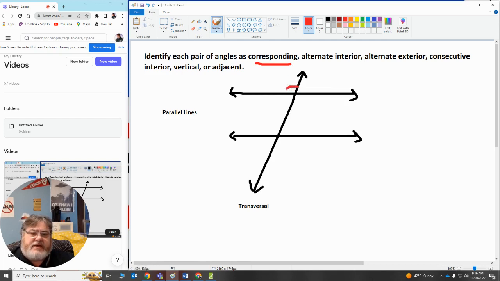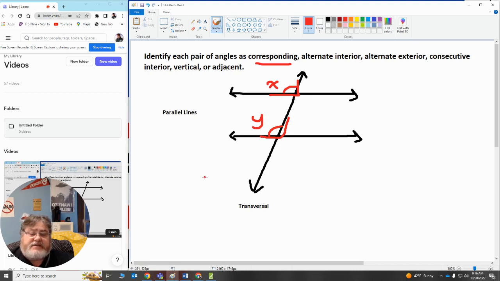Let's say this angle, let's call it angle X. It corresponds with angle Y. So if we were to take angle X and slide it down, it would actually fit perfectly on Y because these angles have the same measure. So angle X and angle Y are corresponding.